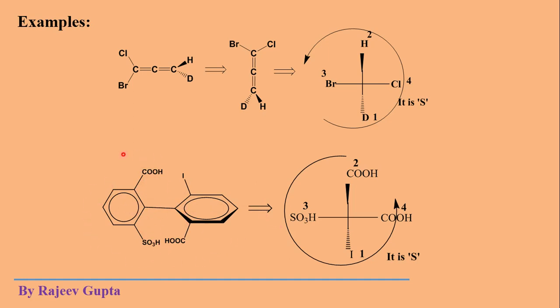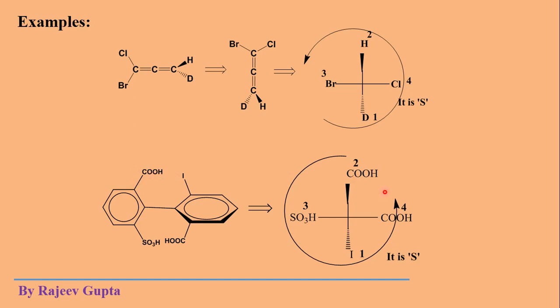Imagine this structure is present in the plane of the paper and this phenyl ring is present as wedge and dash. This carboxylic group is towards the viewer and this iodine is away from the viewer. Now move this in this direction. The wedge-dash portion goes to the downside, and we can imagine that at the right-hand side, in the planar portion, we will see the carboxylic group.